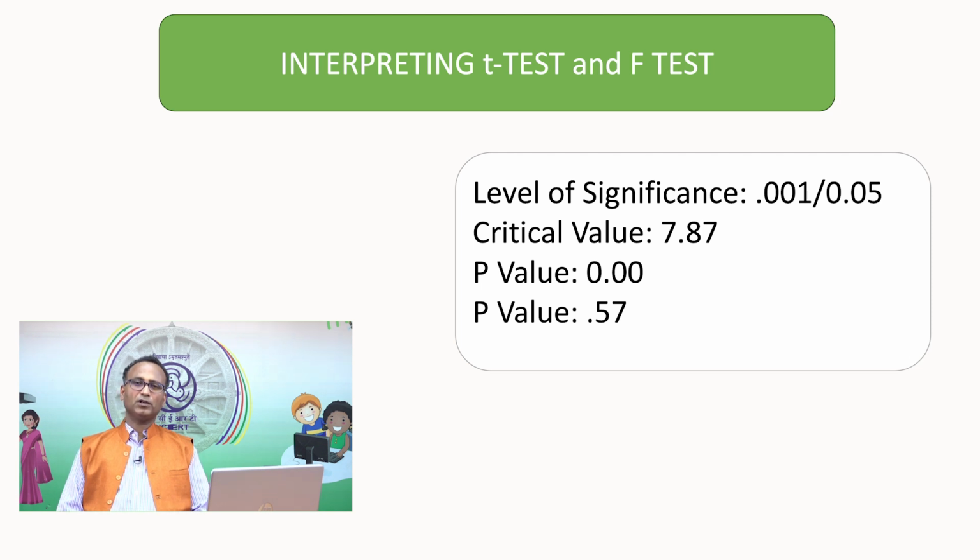But when the p value is more than 0.05, then your t value or f value is not significant. So, that way you can interpret the t and f tests.